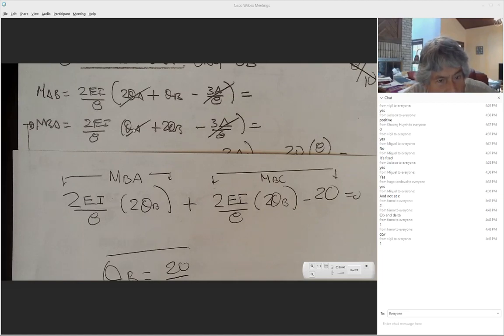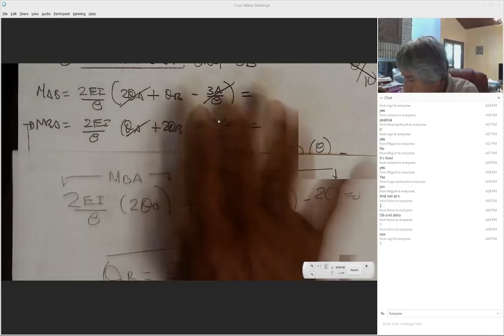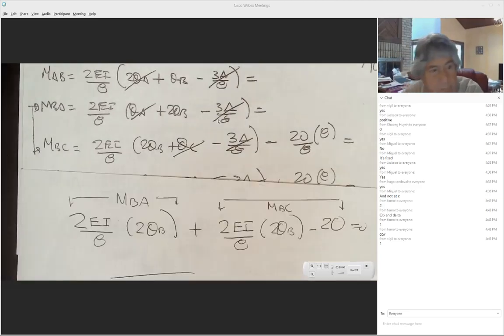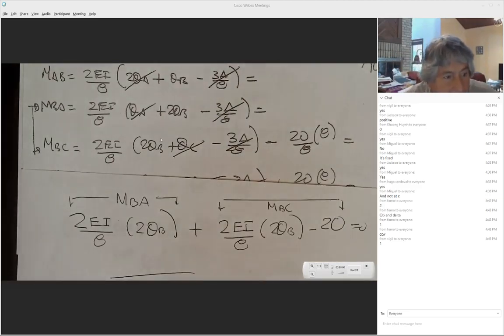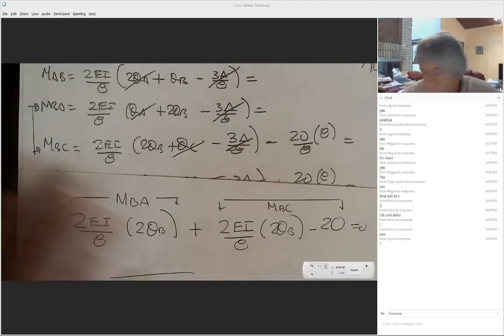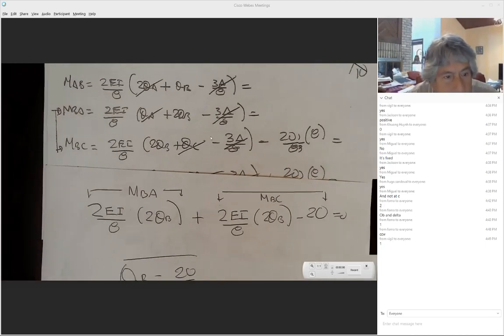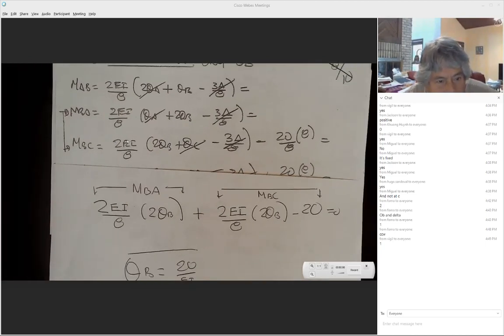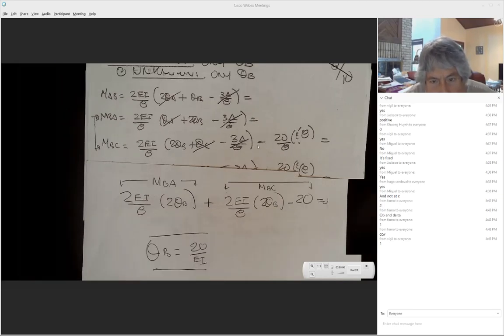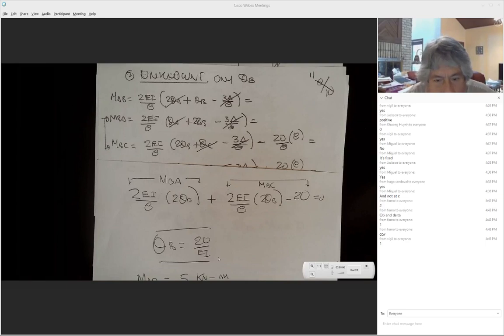MBA: 2EI over L, this is gone, this is gone. So 2EI over L times 2 theta B, MBA, plus MBC: 2EI over L times 2 theta B, this is gone, minus this is 20.